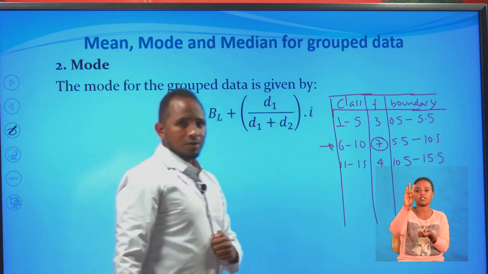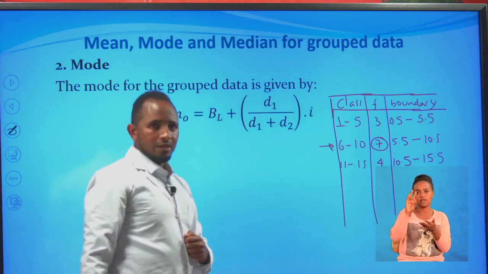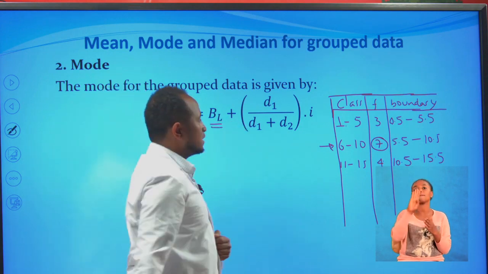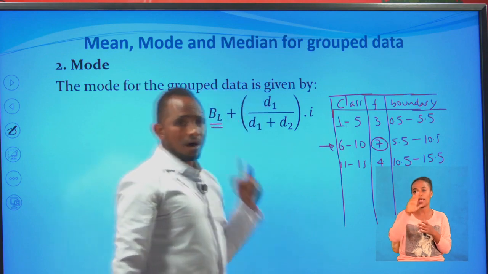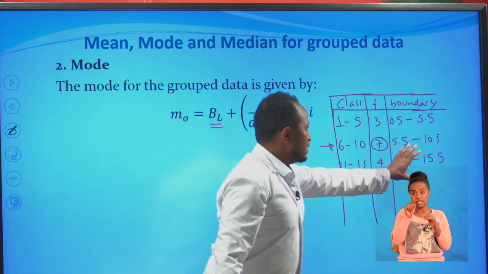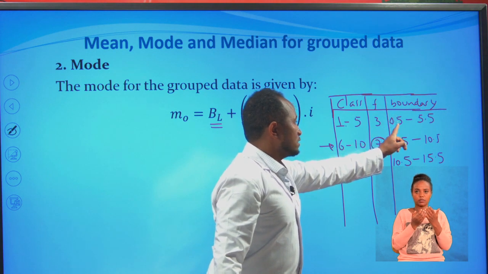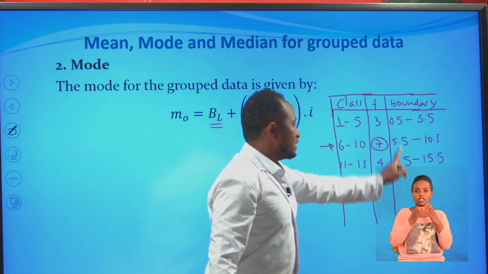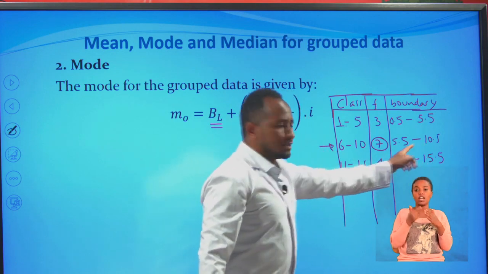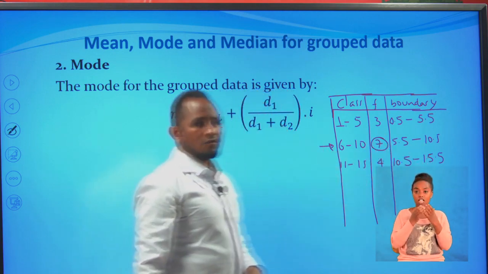After finding the modal class, you apply the formula. BL is the lower class boundary of the modal class. This is a class boundary. The lower class boundary for the first class is this one, for the second class, for the third class. So for our modal class, the lower class boundary is 5.5.